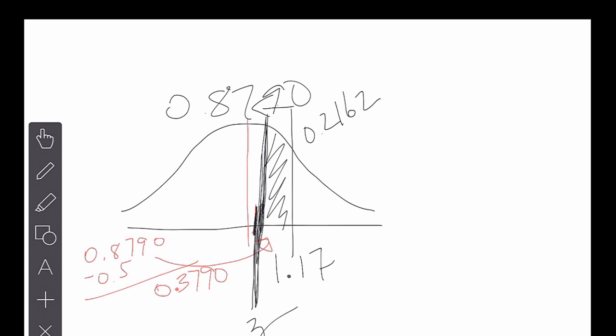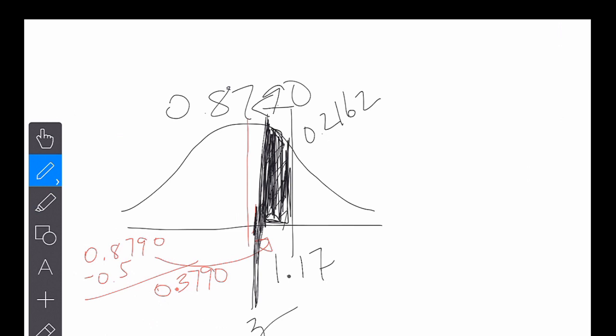Are you following me? So this area here is 2162. And so if that's 2162, there's a bunch of different ways to do this.